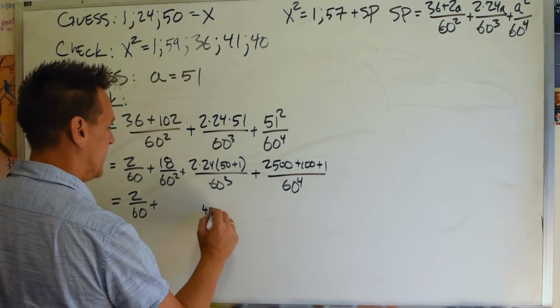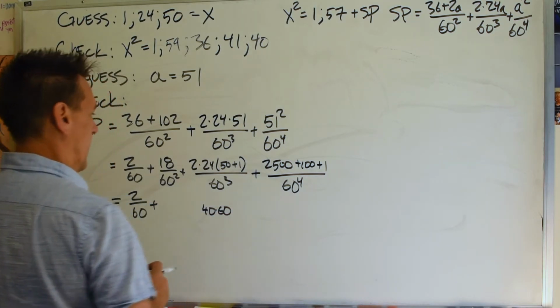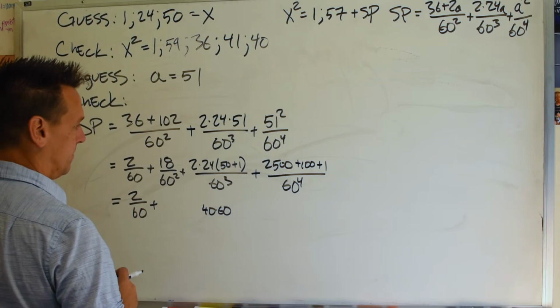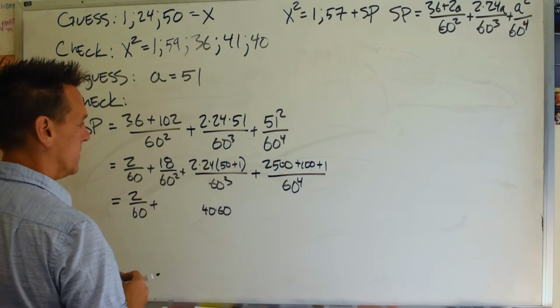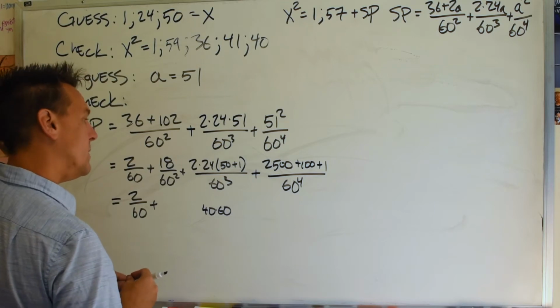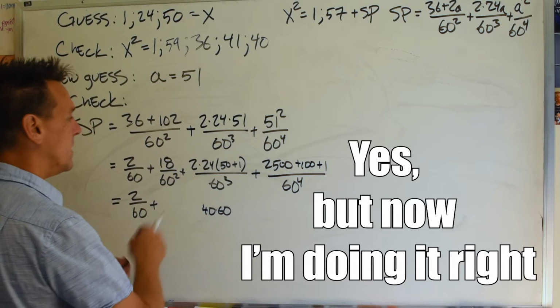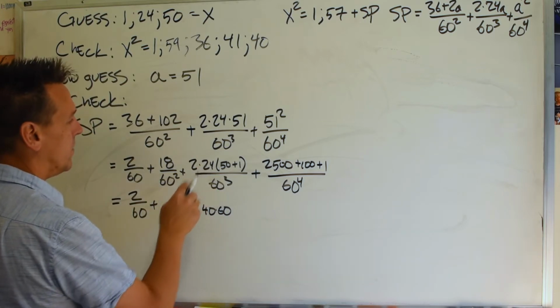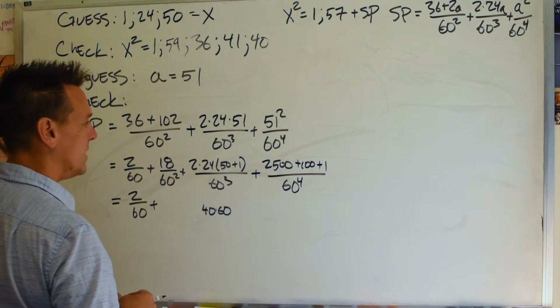We got 40 times 60 from that last time. And how do we get that? Because 2 times 24 is 48. Oh, did we do that wrong before? No, that's 2,400, which is 40 times 60.